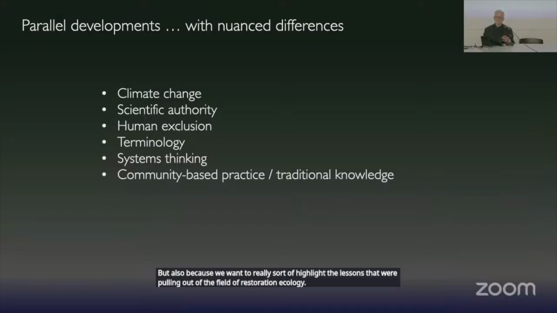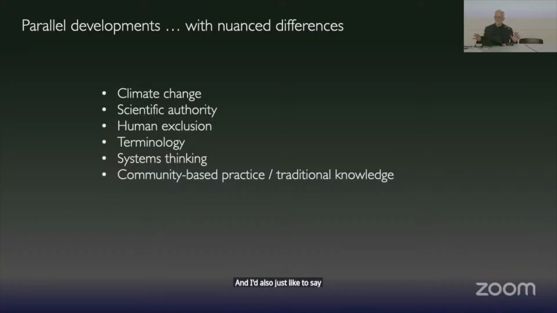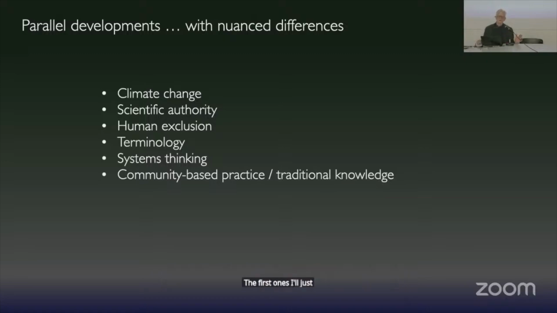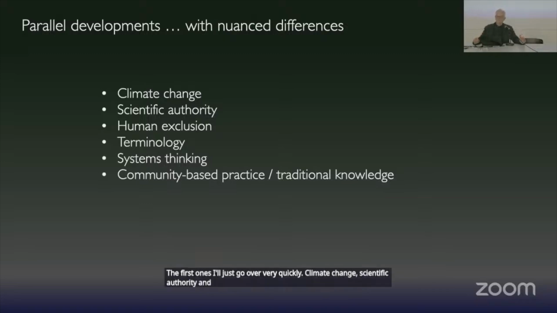And I'd also like to say we're not giving you a whole picture of restoration ecology as Laura was doing. We're deliberately pulling certain things out that we think we can learn from as cultural heritage conservators. The first ones I'll go over very quickly: climate change, scientific authority, and human exclusion. The next three I'll talk about with slide illustrations.